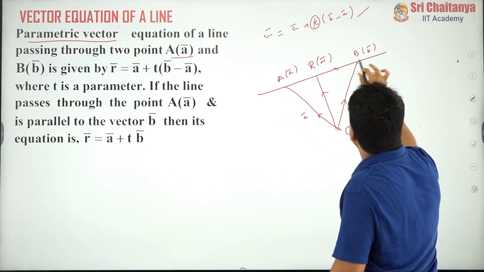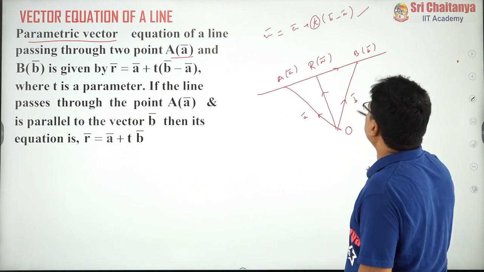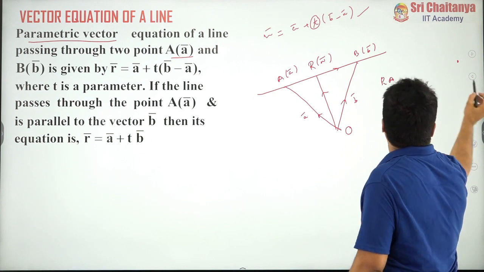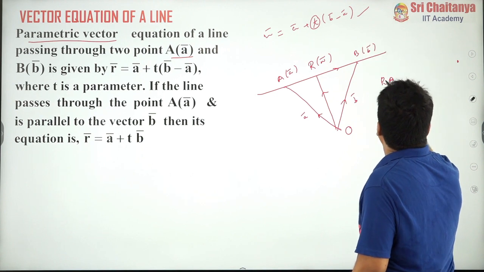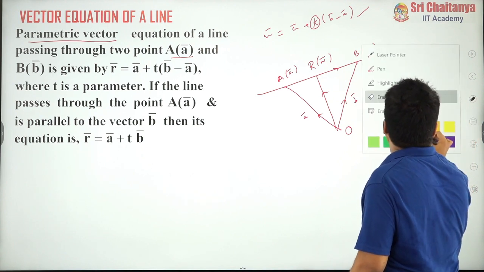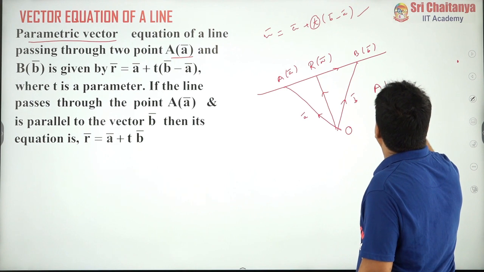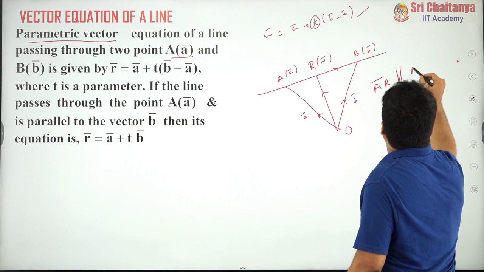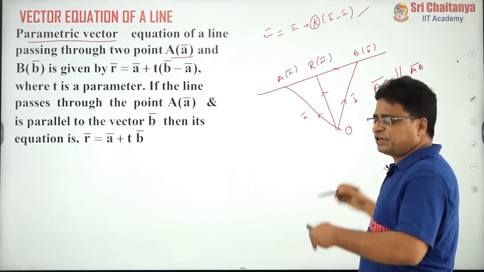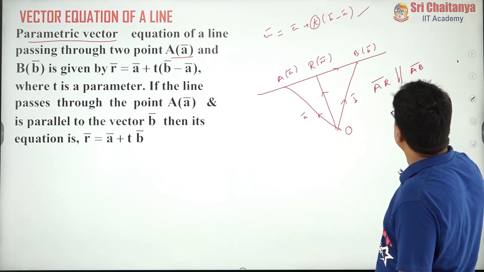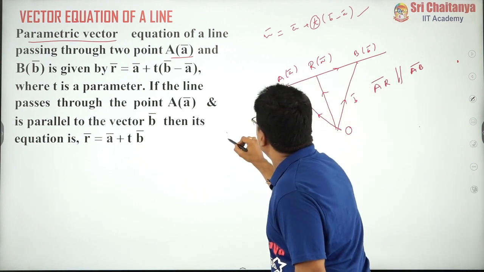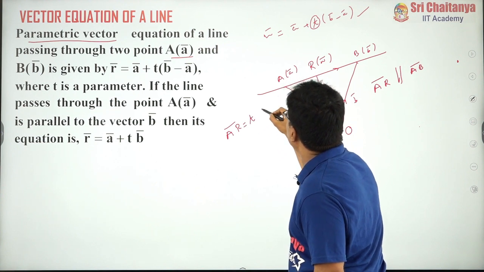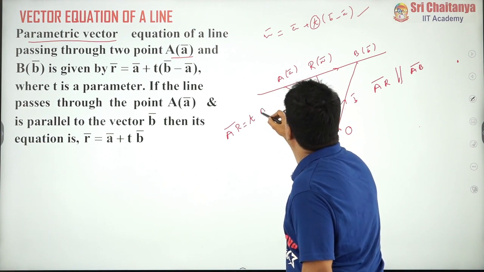So, if you have observed the diagram properly, it is very clear that the vector AR bar is parallel to the vector AB bar. In the first lesson I told you, whenever 2 vectors are parallel, I can represent one as a scalar multiple of another. So, AR bar is equal to some scalar t into AB bar.